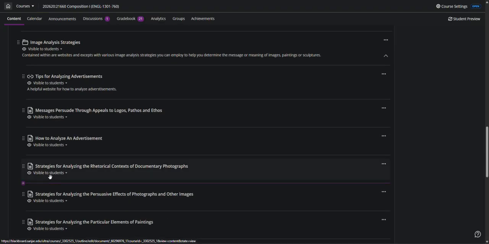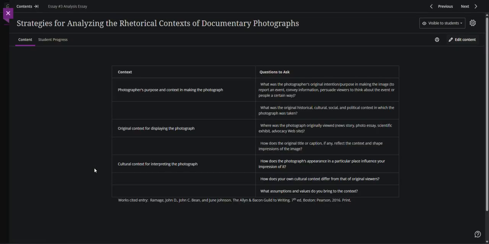And then I have here also strategies for analyzing rhetorical context of documentary photographs. In other words, there's a lot of documentary photographs, famous photographs even, that people have chosen to use in the past. And these are good strategies to look at those. So consider the photographer's purpose and context in making the photograph. The original context for displaying it.